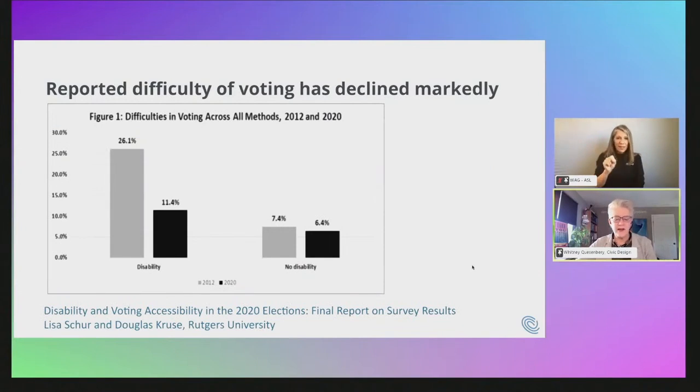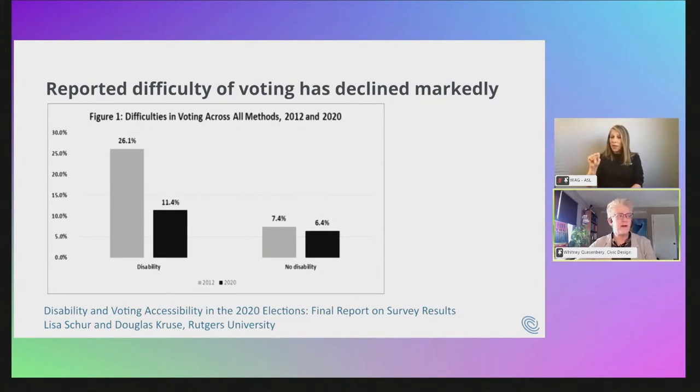The other thing that's kind of exciting in that report is that the self-reported difficulty of voting has also declined really radically, from 26.1% in 2012 to 11.4% in 2020.